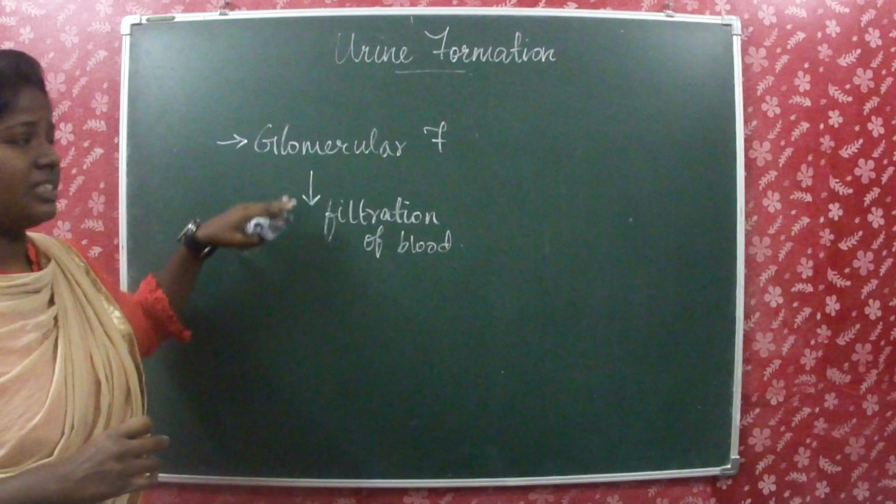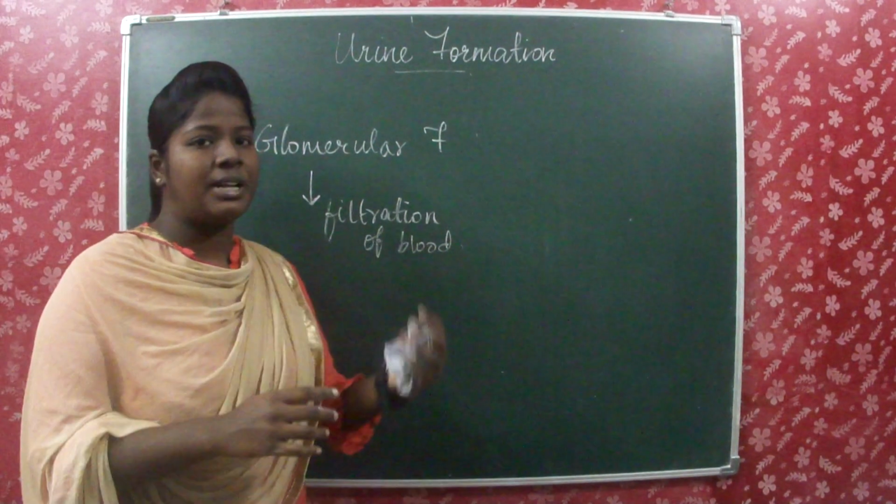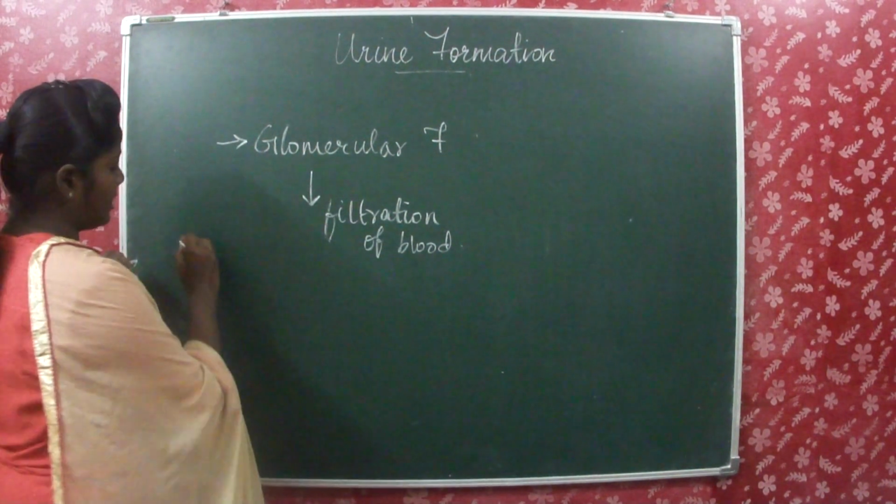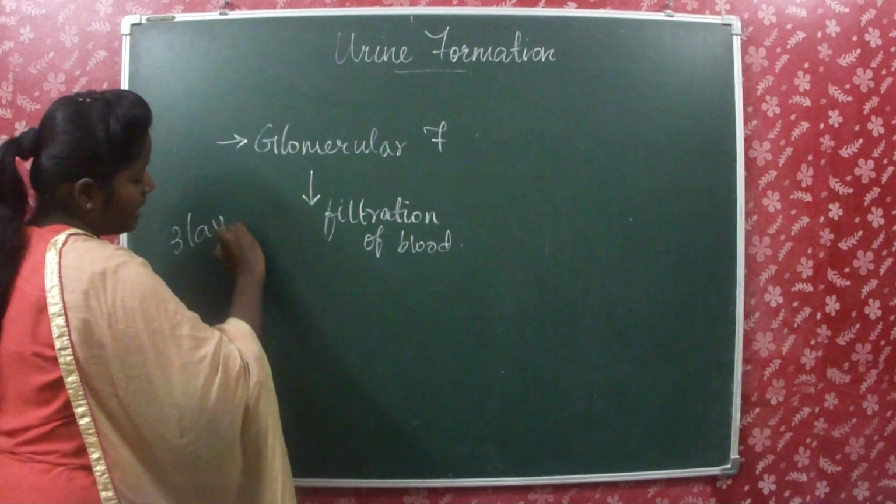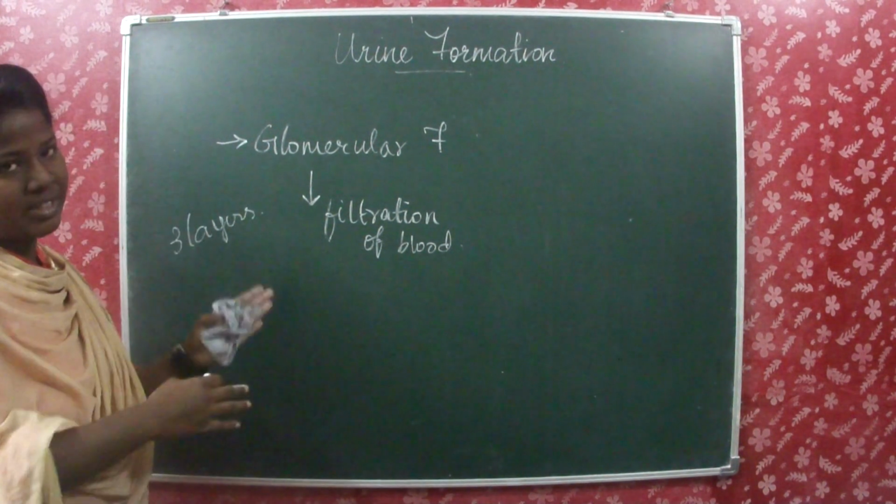The glomerular capillaries of blood vessels have three major layers through which this filtration takes place.